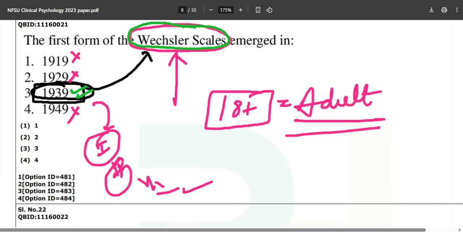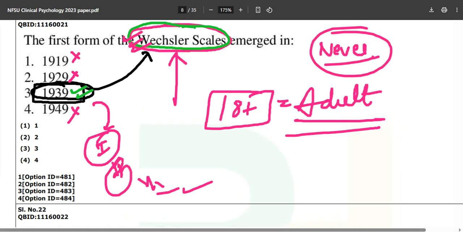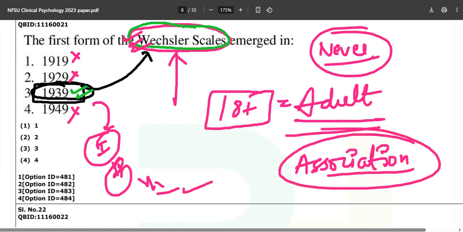I can guarantee you will never forget in your entire life when the Wechsler scales were introduced for the very first time. You might know this, but now we are going to use an association technique, a memory method, a peg-word system, so you will never forget when the first form was introduced.